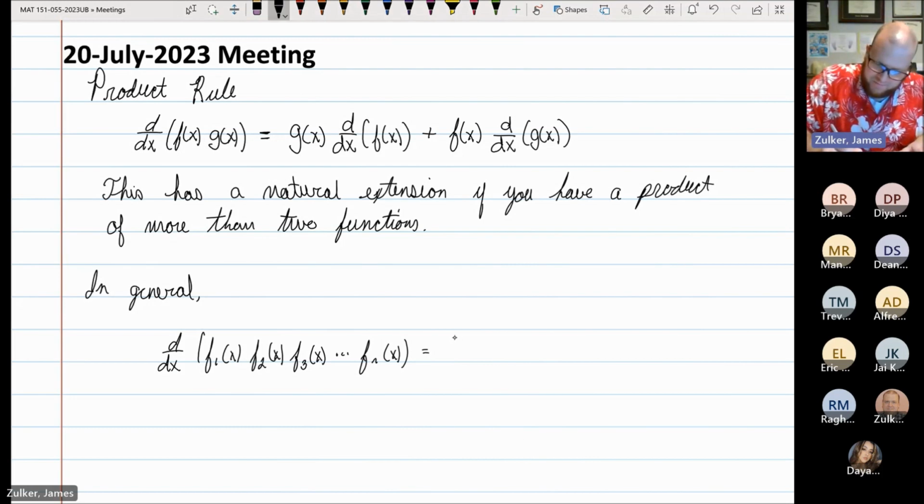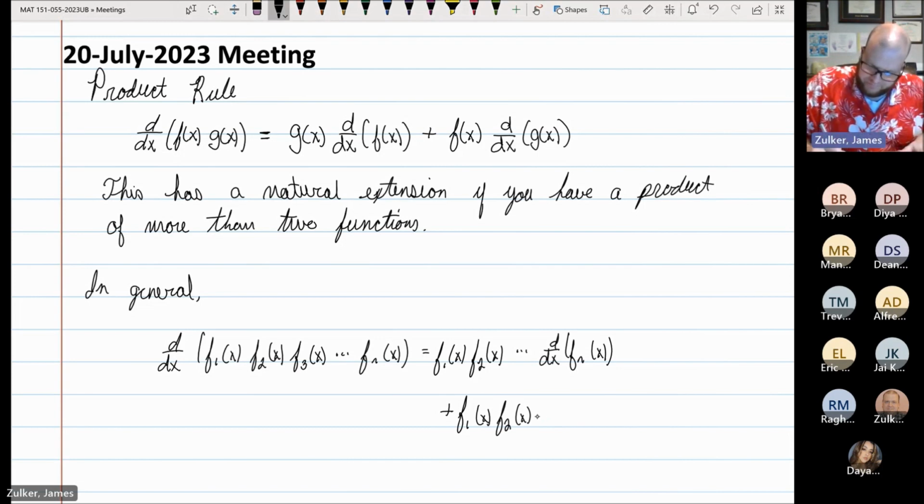Let's just do it this way. Actually, I need to do it this way.